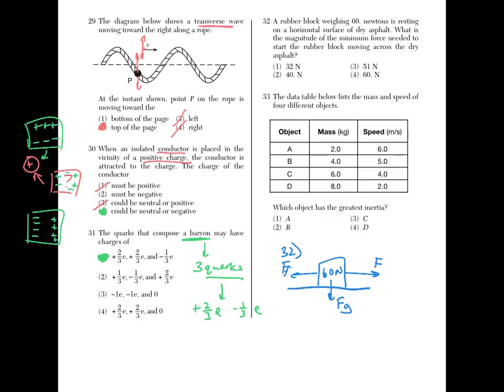So the force of friction is equal to the force we need to push it just to overcome friction. Force of friction is equal to mu times the normal force. Normal force is equal to the weight of the object, and that's 60 newtons.